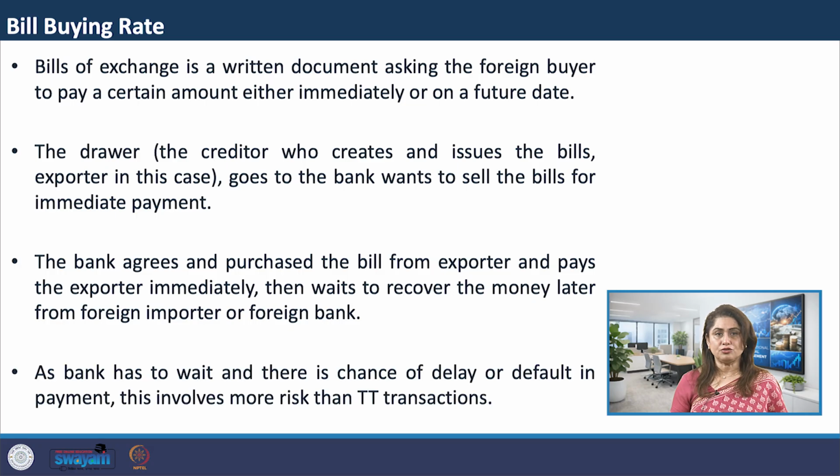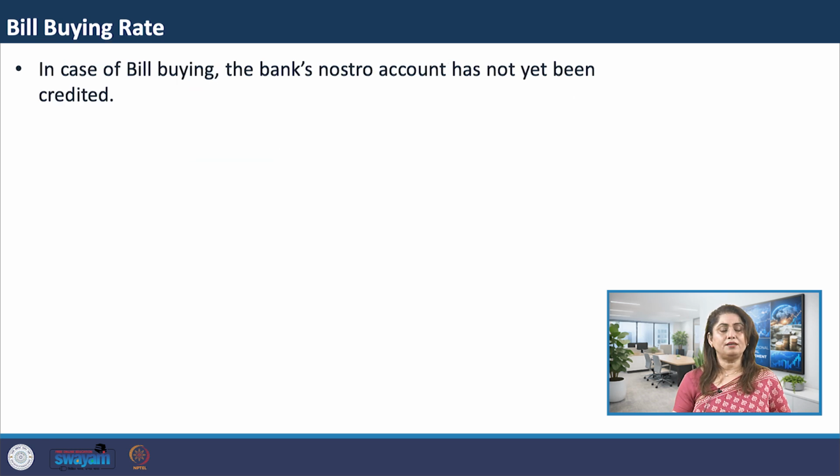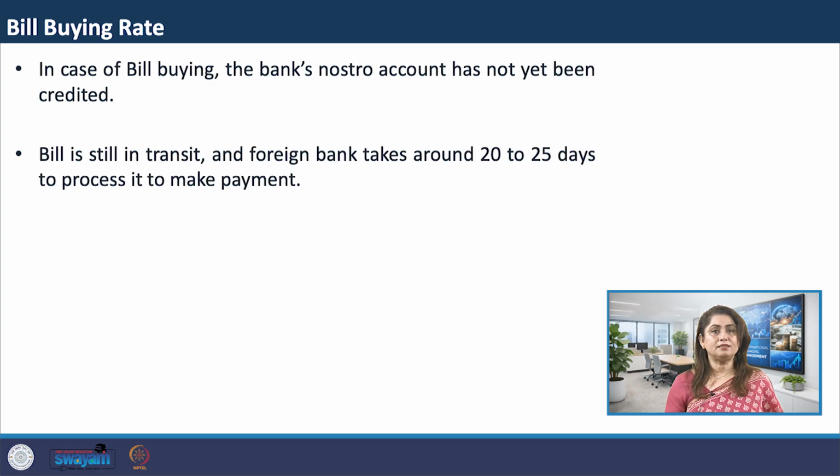Because the bank has to wait and there is a chance of delay or non-payment, this type of transaction involves more risk than the TT transaction. Here is the key difference from the TT. The bank's Nostro account has not yet been credited. The bill is still in transit. The foreign bank needs to process the document and then make payment.